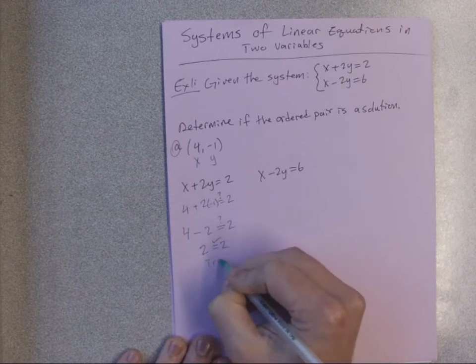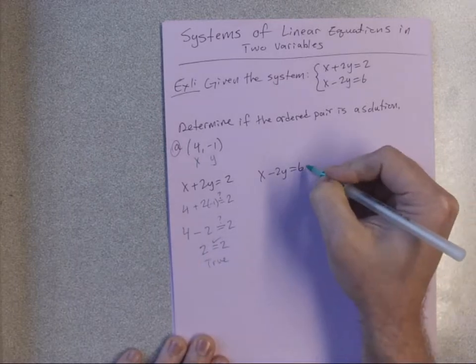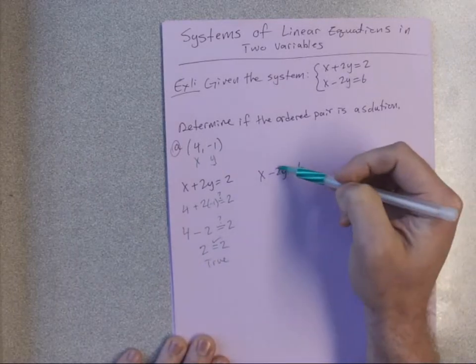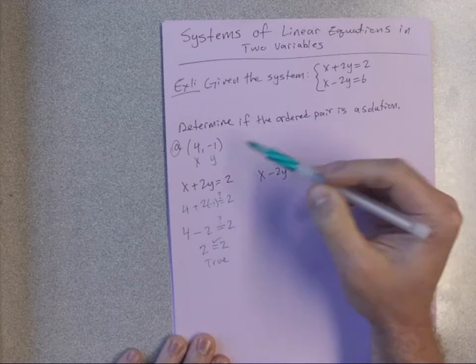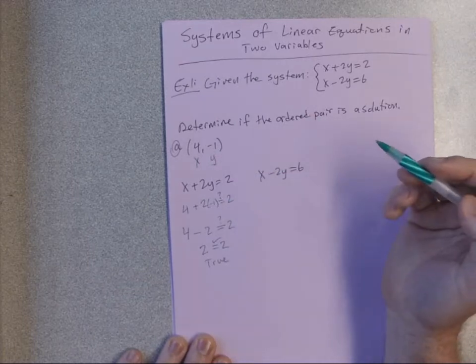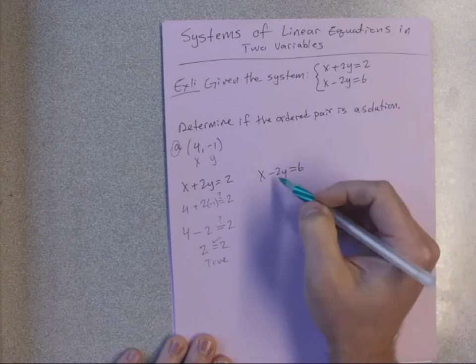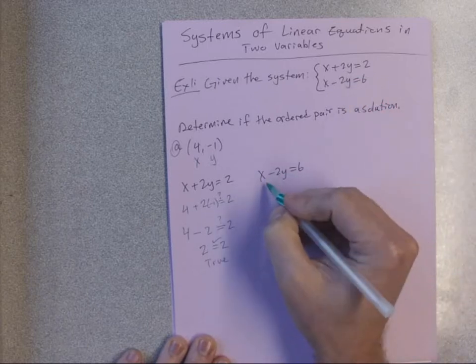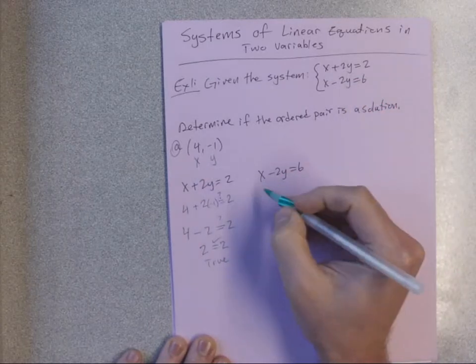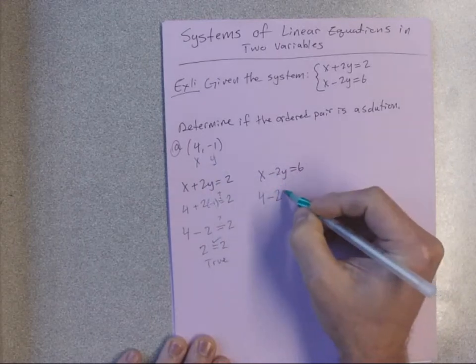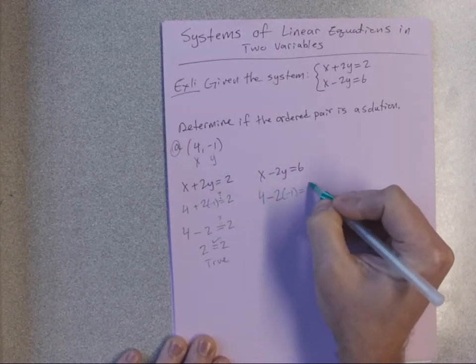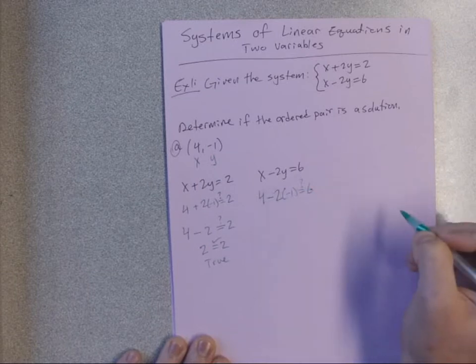This one's true. Now when we plug this x and y value in, it has to be true for both of these equations for this ordered pair to be a solution to this system. So we have to plug in these x and y values also. So x, we said, was 4 minus 2 times y, which is negative 1. And I'm questioning, is that equal to 6?